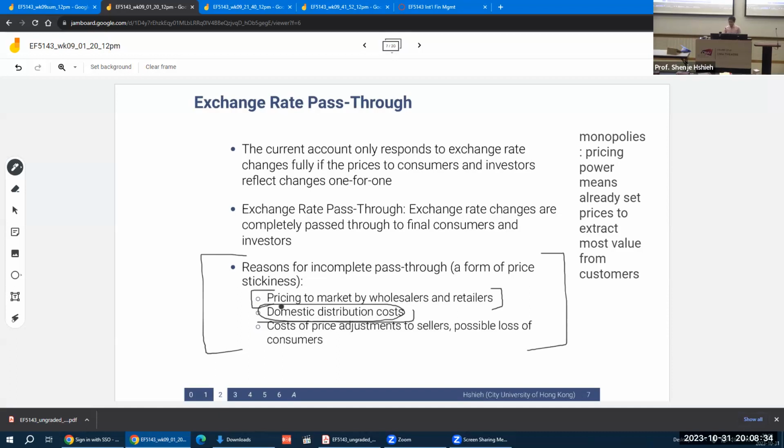So for these types of goods, you may not see a pass-through, obviously, right? Despite changes in relative prices through Q and through E, you're not going to see a change in import volume because there are these implicit costs from importing and exporting weapons.